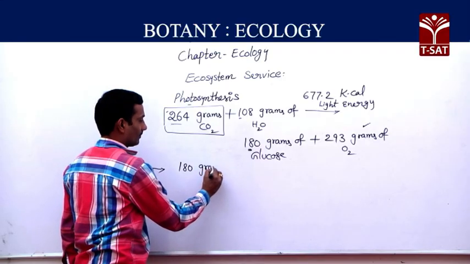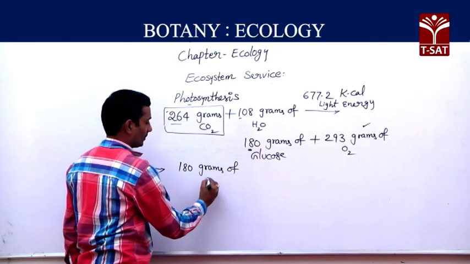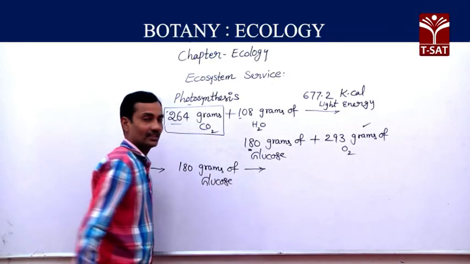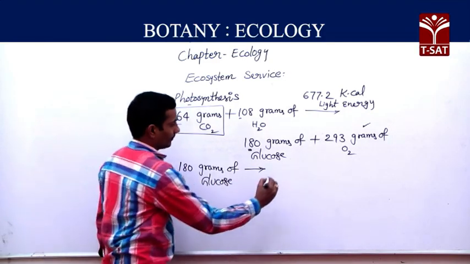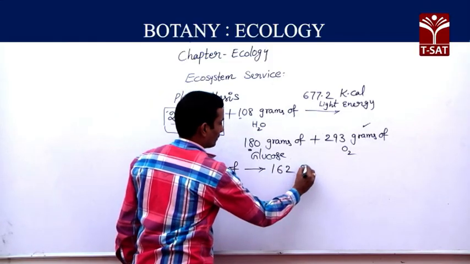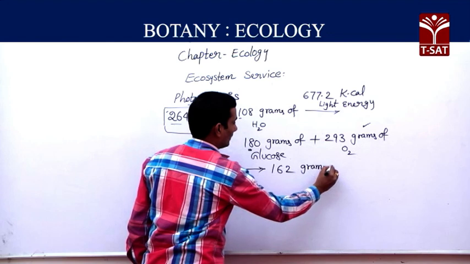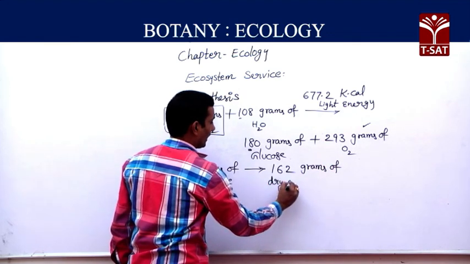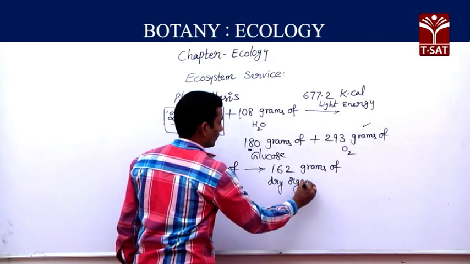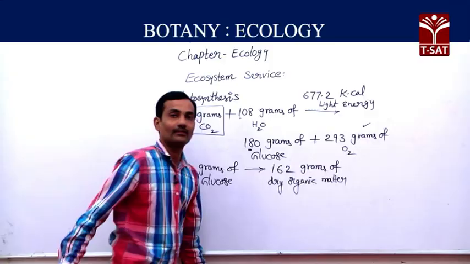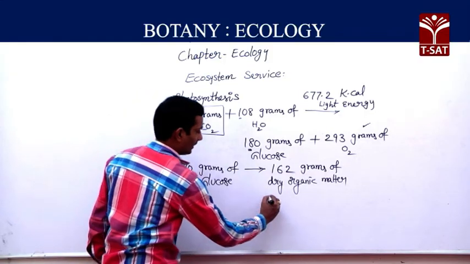180 grams of glucose converts into 162 grams of dry organic matter, that is polysaccharide.